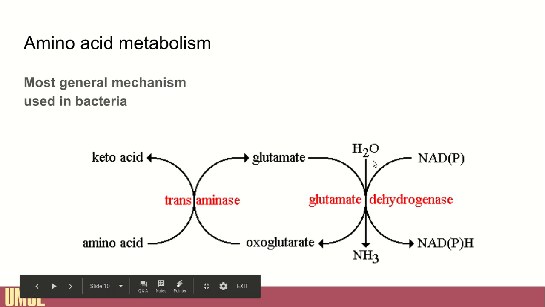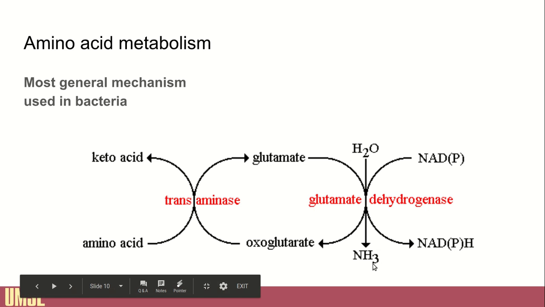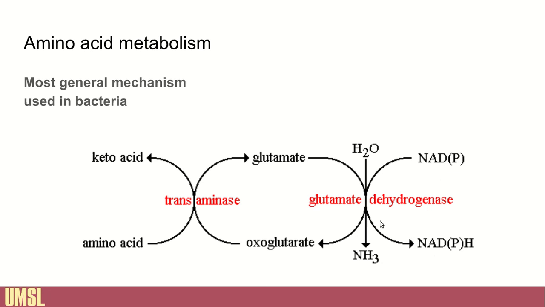Glutamate, then there's a dedicated glutamate dehydrogenase enzyme that recognizes glutamate and performs that oxidation reaction that I just showed you using either NADP or NADPH as the electron acceptor, an electron carrier of that reaction.